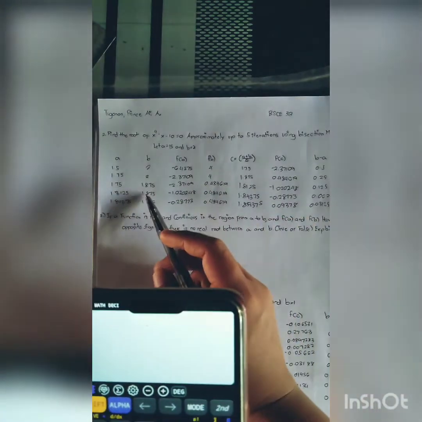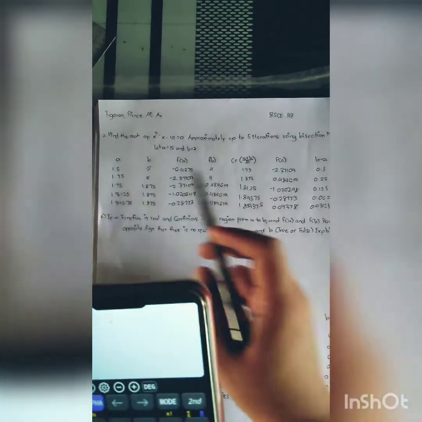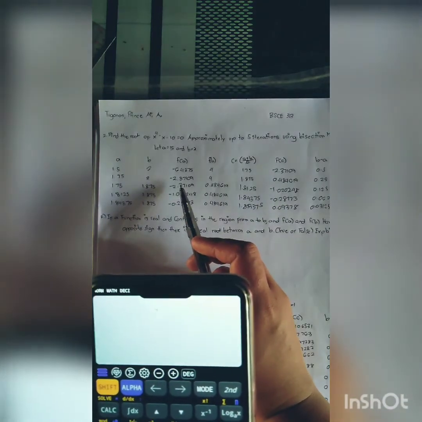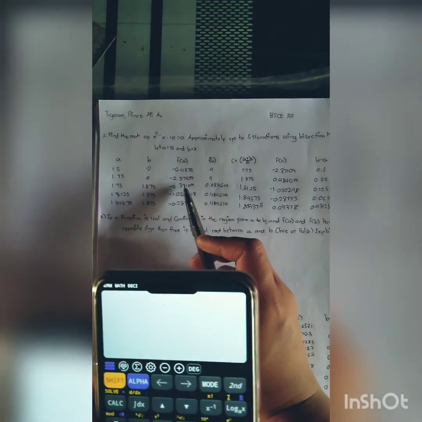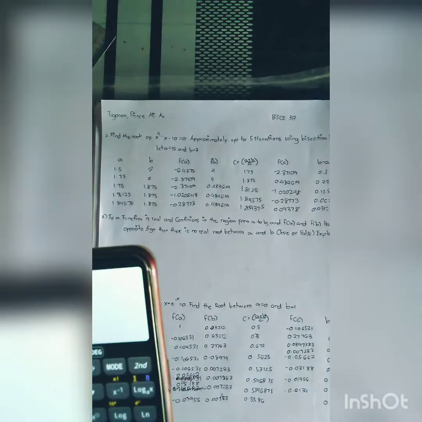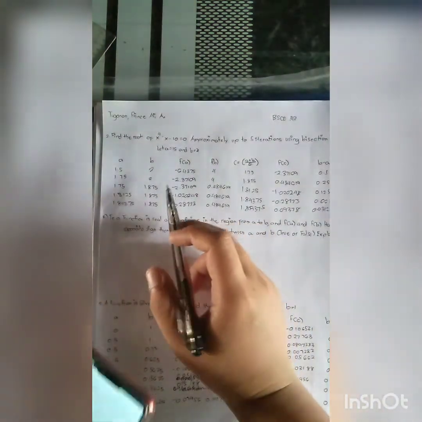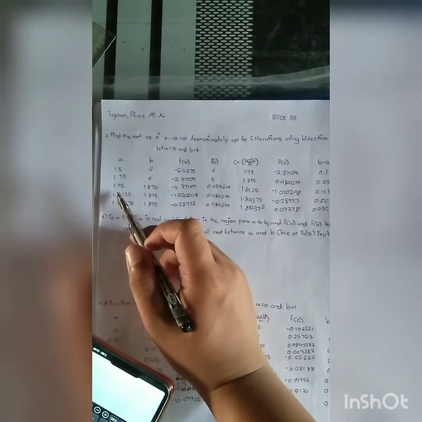So copy, then the function of a is equal to the function of c, so copy the function of c, 2.37109. So the function of a remains the same because the value of a remains the same.